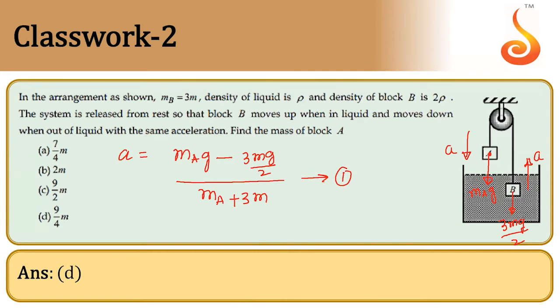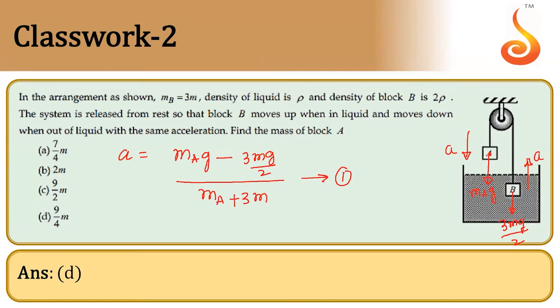Quickly copy that. Now we will get one more equation. MA is unknown. Okay, done children? Net pulling force: one block will try to pull the system one way and another block will try to pull the system rightward, but ultimately block A is winning.